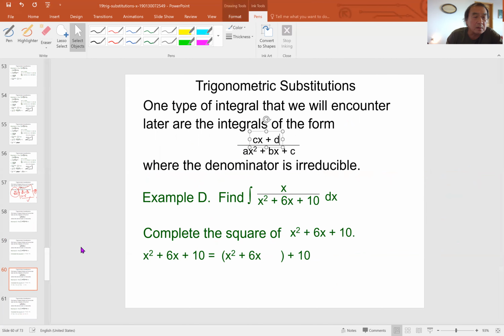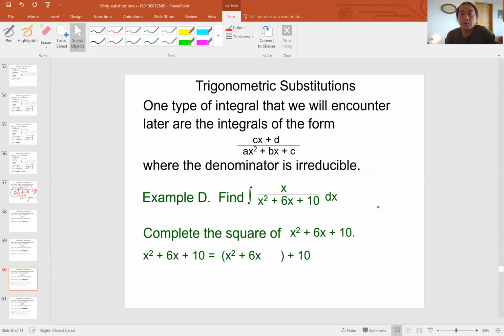The part that will give us a problem is this: if there's no x in the numerator, it's just a straightforward tangent inverse. But if there's an x, that's the one we're going to deal with.